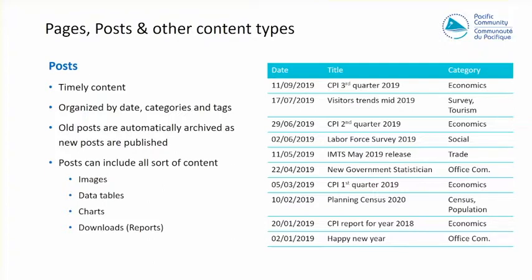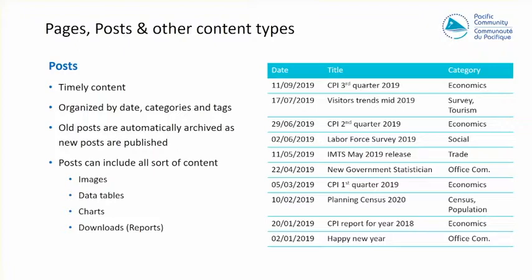And you can see on the right, this is a sample list of updates. It's just random text really, but you can see that there's a date, there's a title, and they are all associated with a category.